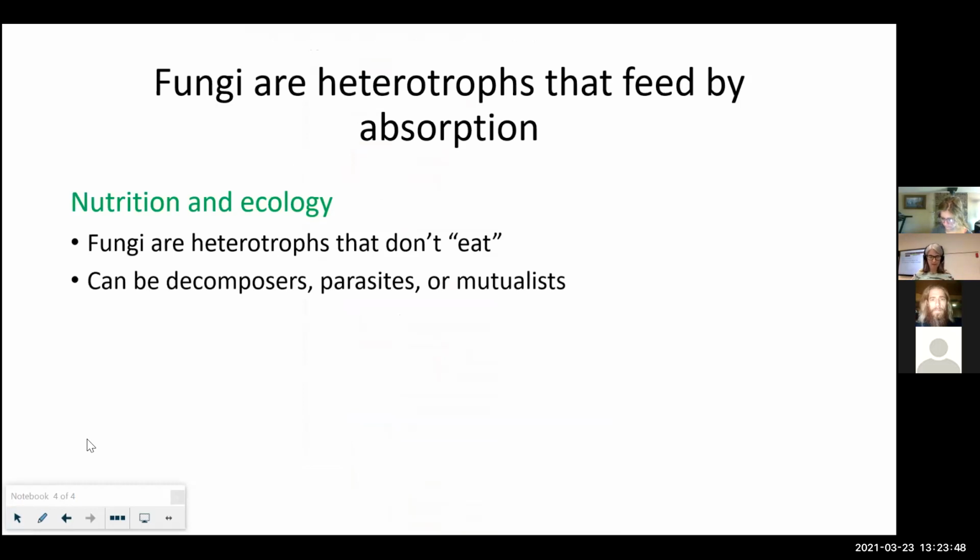In many ways, fungi and animals are similar. They're both heterotrophs. But one key difference is that unlike animals, fungi do not ingest and digest. Animals ingest food and we digest it. Fungi kind of do that, but in the opposite order.